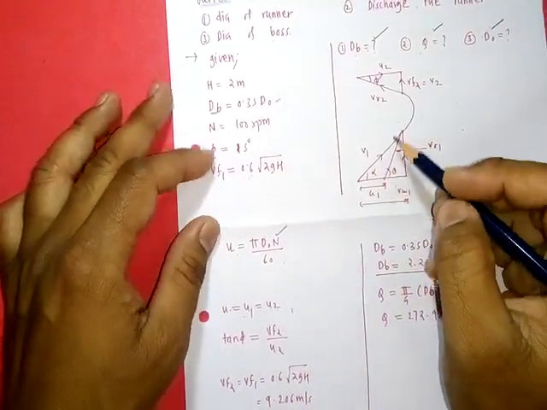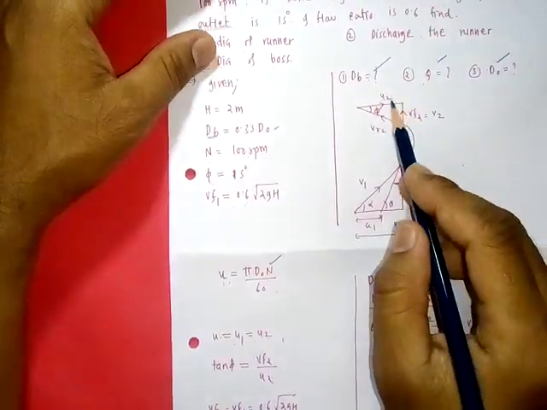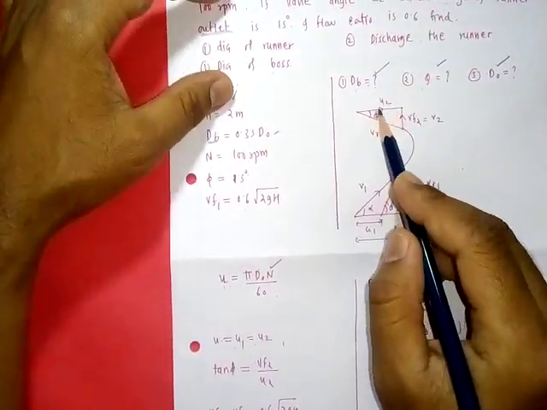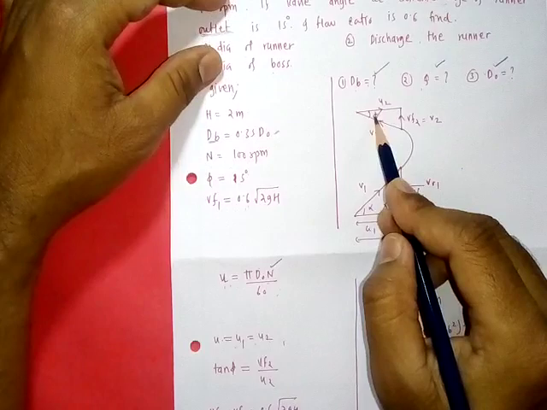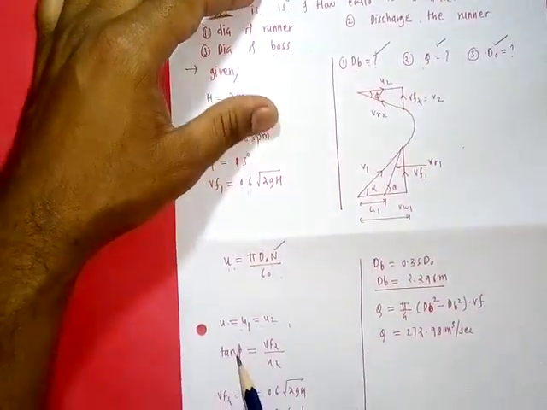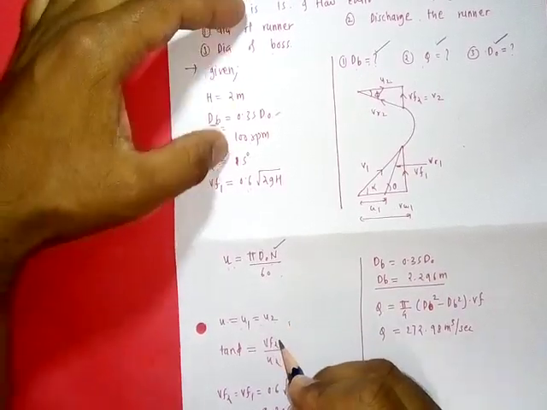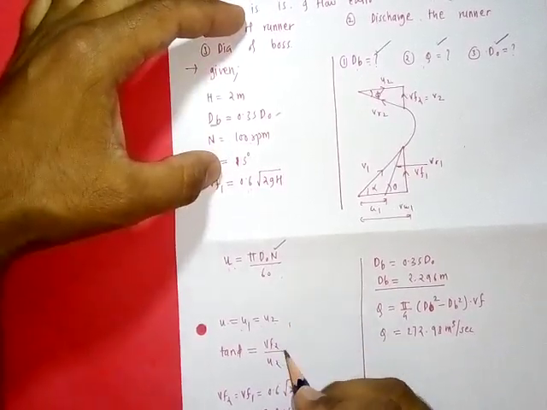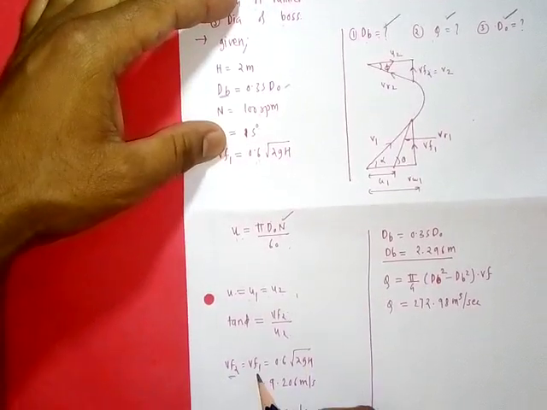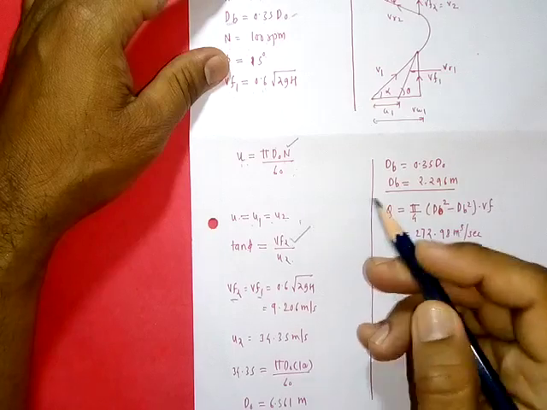At the outlet they have given phi, so we are considering the outlet triangle. At the outlet triangle, if you take tan of phi, then it will be vf2 upon u2. So tan phi is equal to vf2 upon u2. Here we can calculate vf1, as for a Kaplan turbine vf1 is equal to vf2, so we can get vf2 directly.